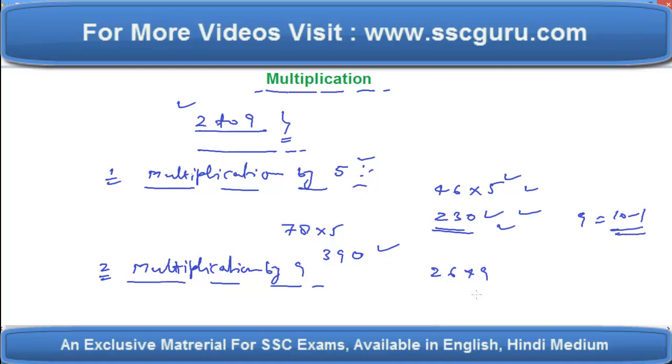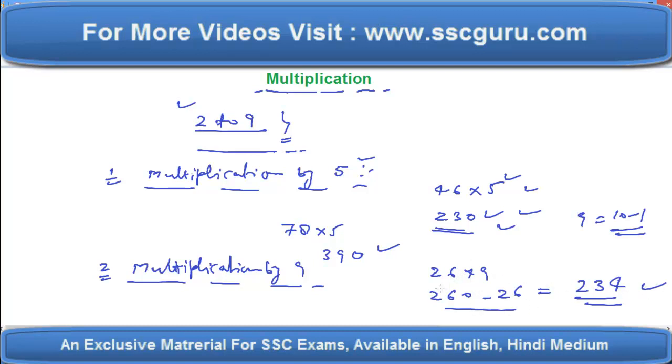Therefore we will first write 260 and subtract the number itself, 26, from it, and the answer will be 234. We put a 0 after the number and subtract the number itself from that. And we will get the answer.